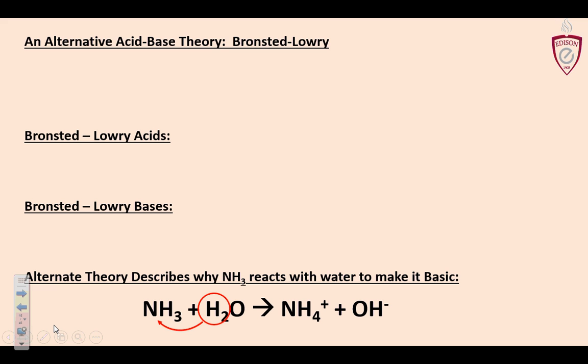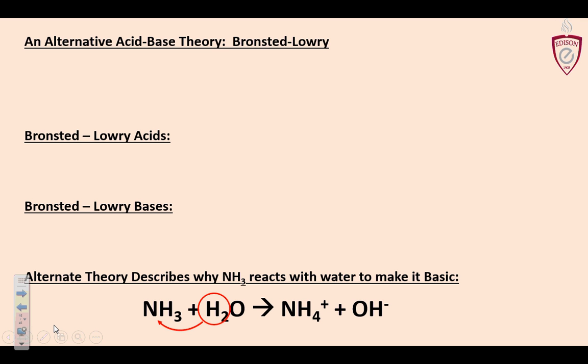And this has the same classic, what's that bonding called again? Coordinate covalent bonding. That lone pair on the end is going to be the two electrons that the H hooks onto. And so the water H2O molecule is not an H2O anymore. It lost a proton to the ammonia, so it's OH negative now.